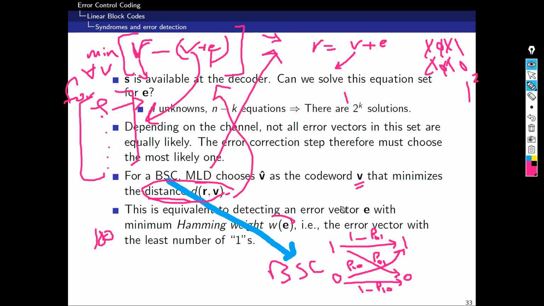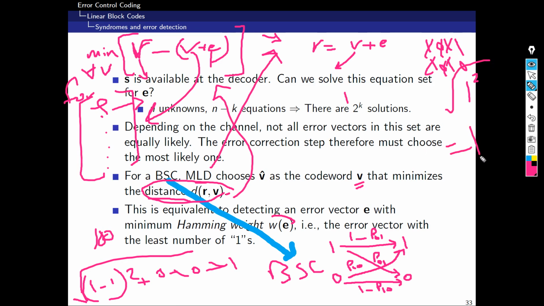It's the square root of the first element from the first code word minus the first element in the second code word. So 1 minus 1 squared, 0, plus 0 minus 0 squared, 0, plus 1 minus 1 squared, 0, plus 1 minus 0 squared, 1. The square root of 1 is equal to 1. So the distance between them is 1.